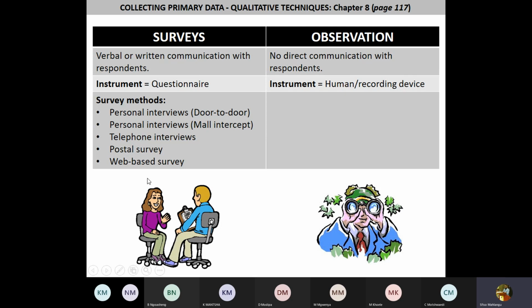In some situations, it has more advantages than the other methods. So you just have to think about those advantages. For example, you may be asking respondents questions that are embarrassing. They don't want to be known. So if I don't want to be known, I can complete the questionnaire easily, knowing I have not interacted with anyone who could see me.